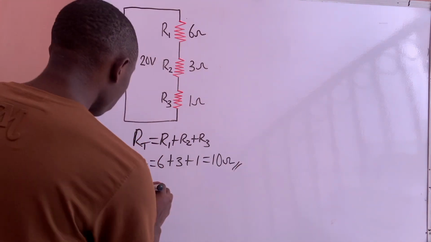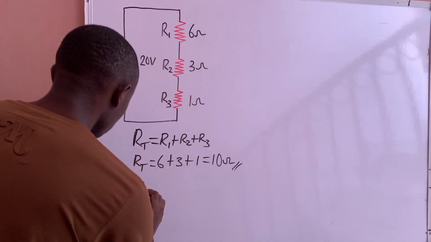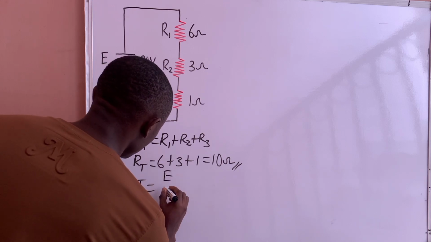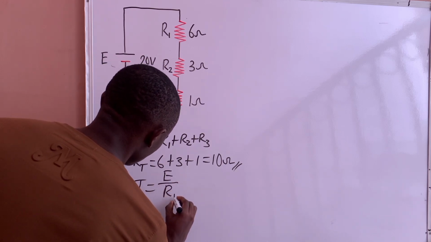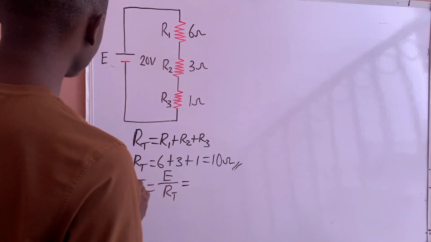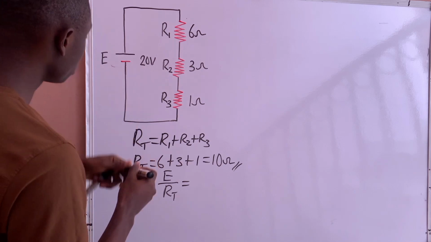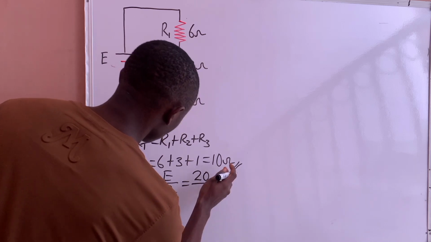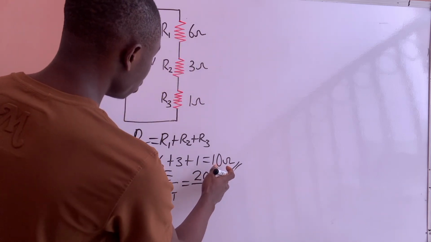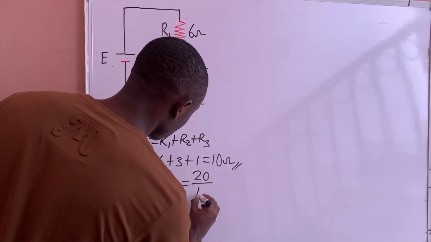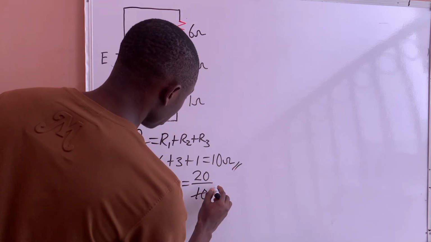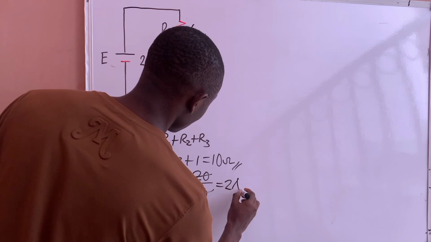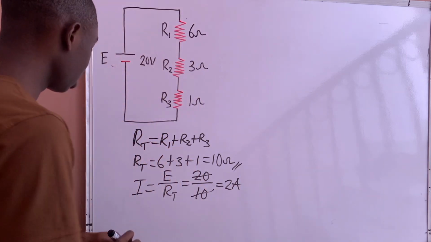Now we can look for the current using Ohm's law: I is equal to E, the supply voltage, over the total resistance. The supply voltage is 20 volts and the total resistance is 10 ohms. 20 divided by 10 is 2, so the value of our current is 2 amps.